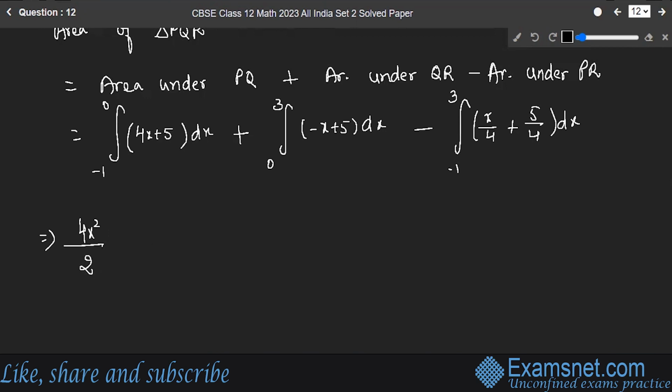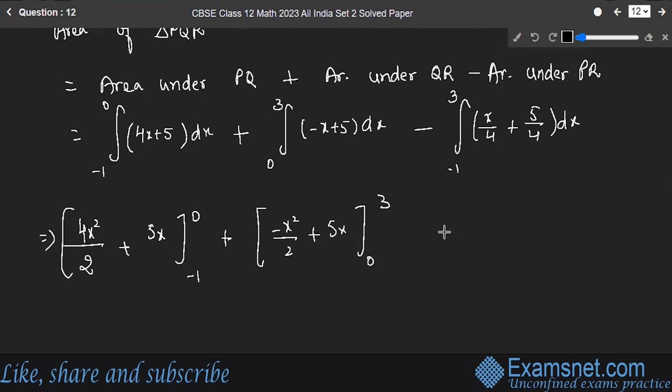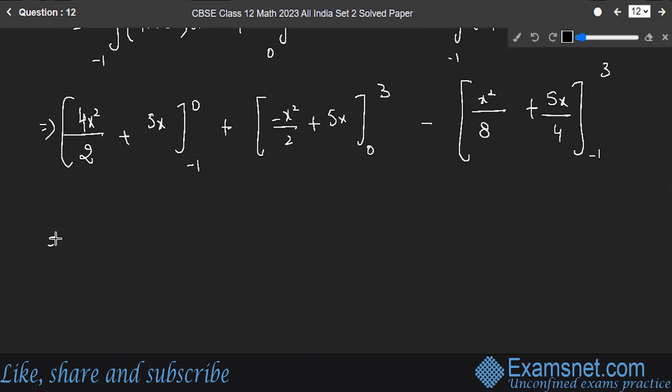So 4x squared by 2 plus 5x, the limits were minus 1 to 0, plus this is minus x squared by 2 plus 5x, limits 0 to 3, minus x squared by 2 into 4, that is equal to 8 plus 5x by 4, minus 1 to 3 are the limits, right? So now let's fill.